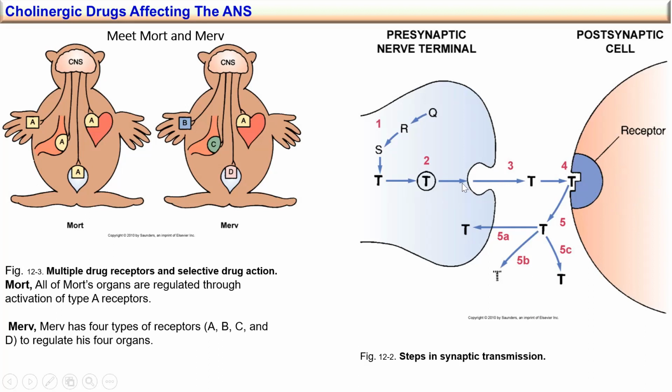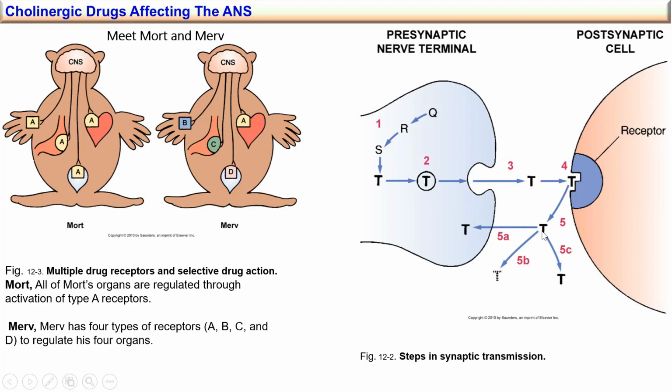This is the presynaptic nerve ending, and this is the postsynaptic cell, which can be a muscle, a gland, or any cell.